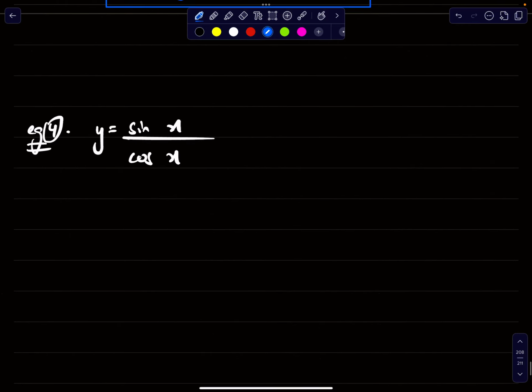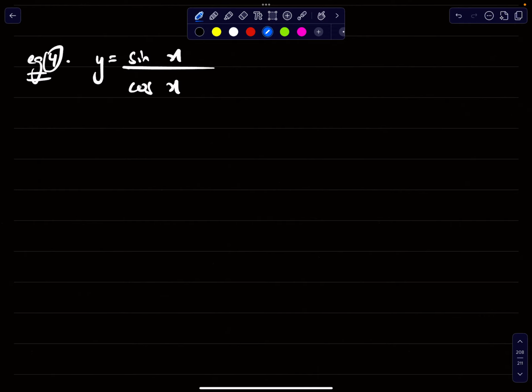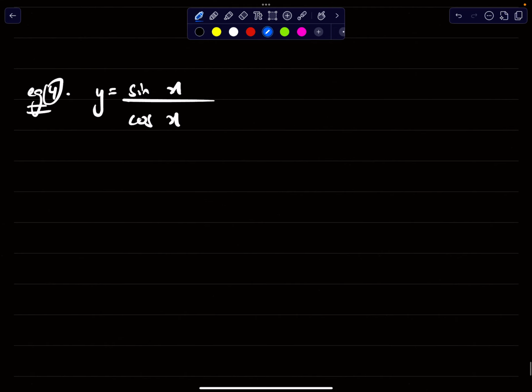Moving on to our last and final example, where we have sin x over cos x, two functions being divided. Now first of all, notice sin x over cos x is equal to tan x, right? So we can write this as tan x, and the differential of tan x is sec square x.